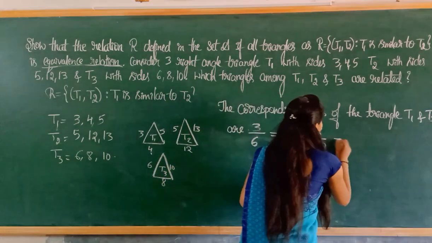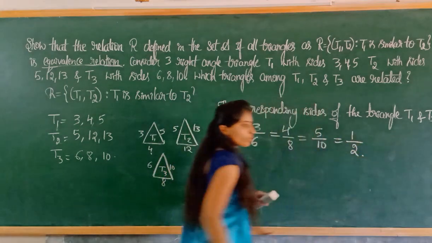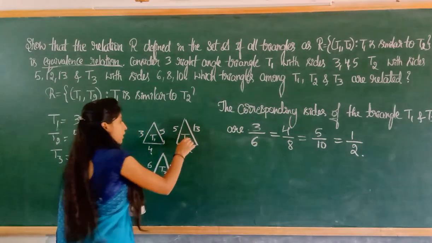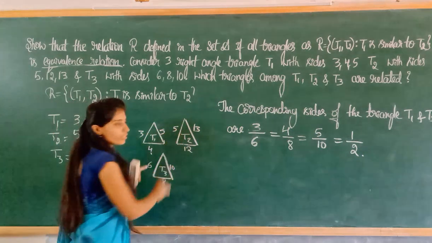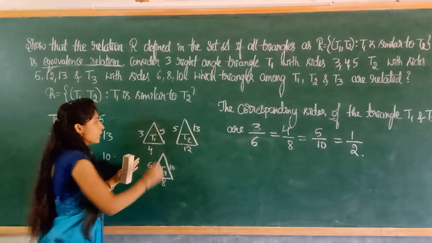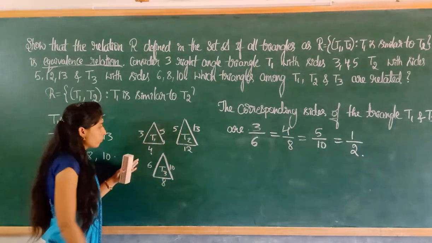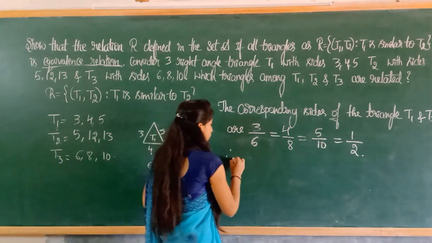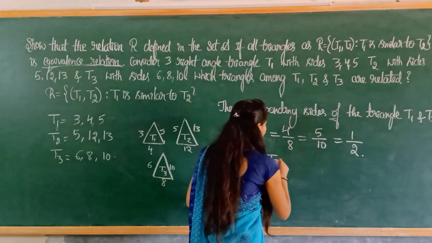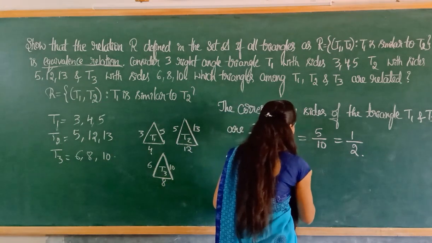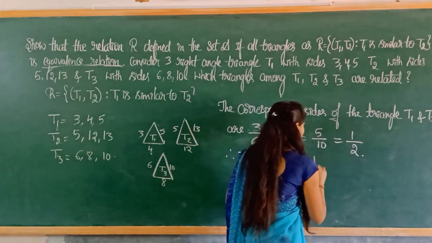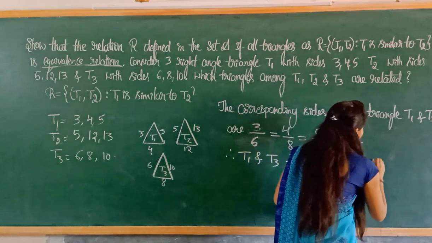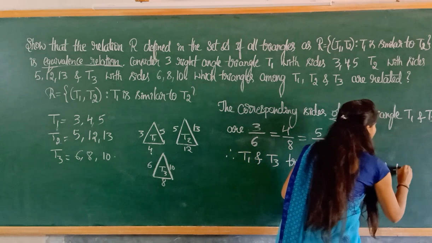Therefore, the ratios are the same. But if compared with T2, whether T1, T2 or T2, T3, the ratios of the sides are not the same. Therefore, T1 and T3 triangles are related to one another.